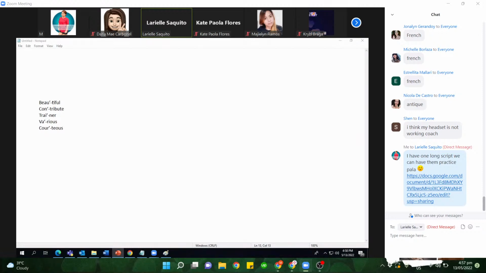We also have some here, for the last set of words that can be pronounced. Can you please read this one? Read this set of words as well.